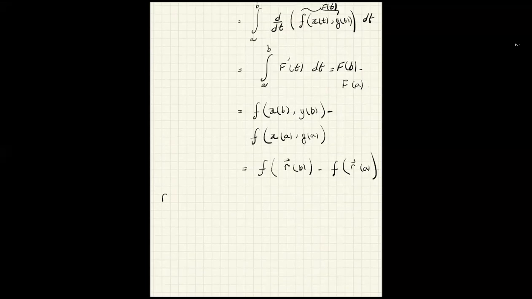So the integral of the gradient of a function times dr on a curve is equal to f of r of b minus f of r of a.